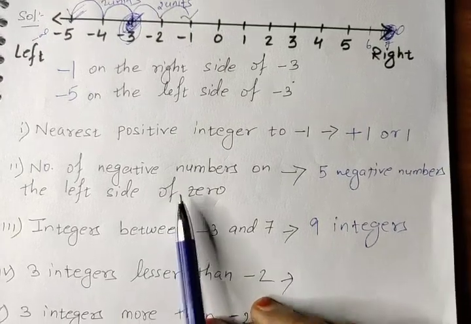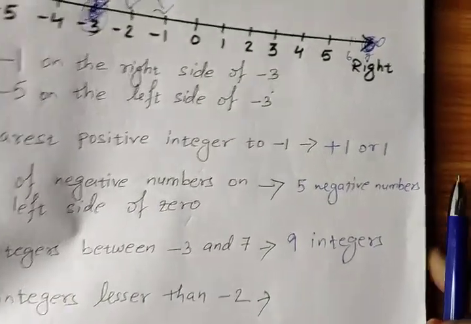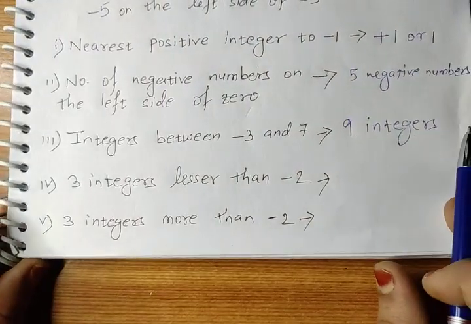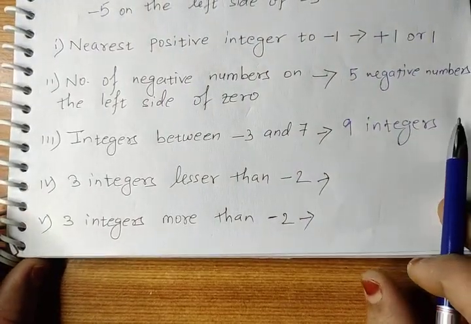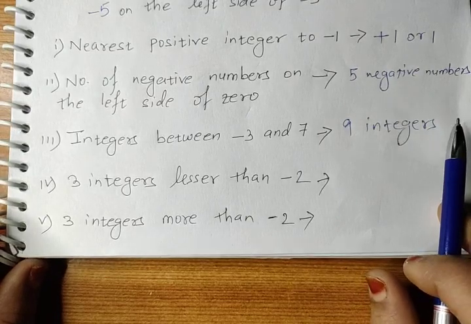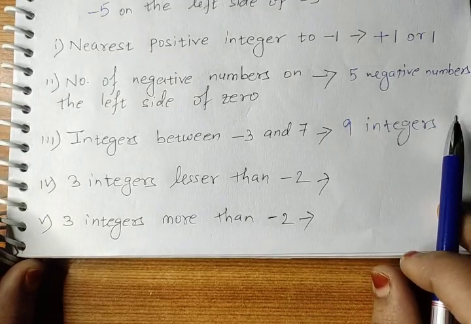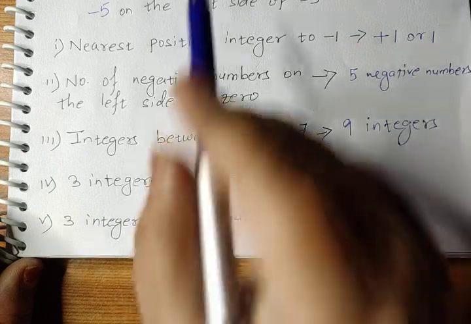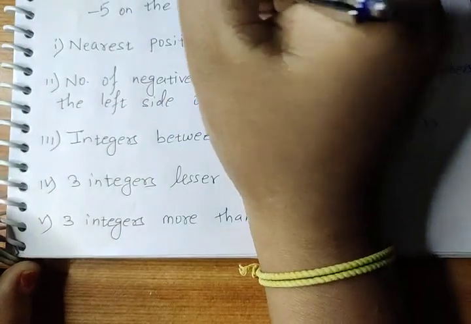Next, 3 integers less than minus 2. Less than minus 2. 3 integers you have to write which are less than minus 2. Where is minus 2? This is minus 2.